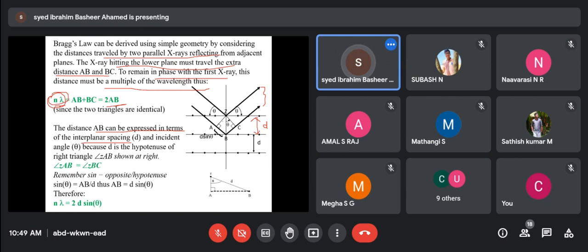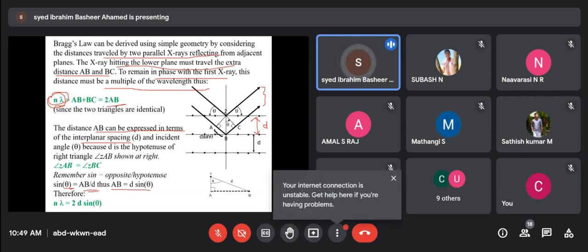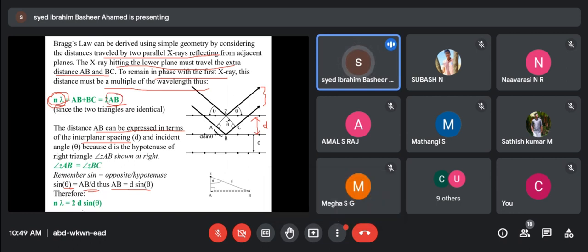Both are theta. We know that sine is opposite divided by hypotenuse. So sine theta is equal to AB divided by d. So AB is equal to d sine theta. We know that n lambda is 2AB, so n lambda is equal to 2d sine theta.